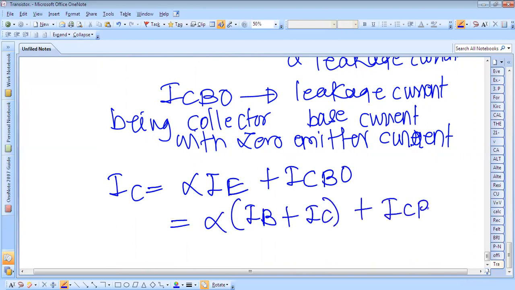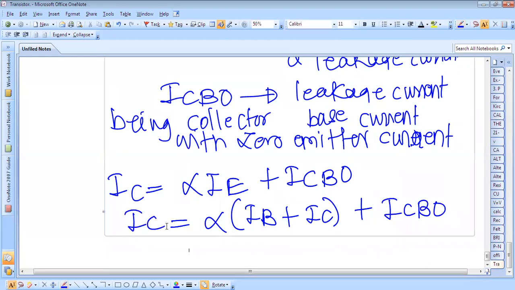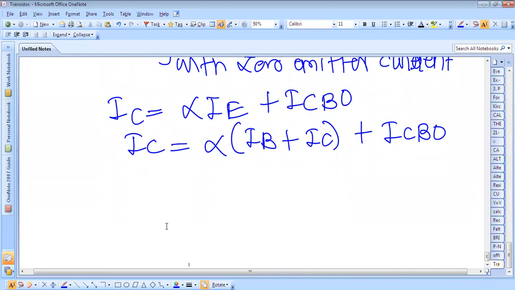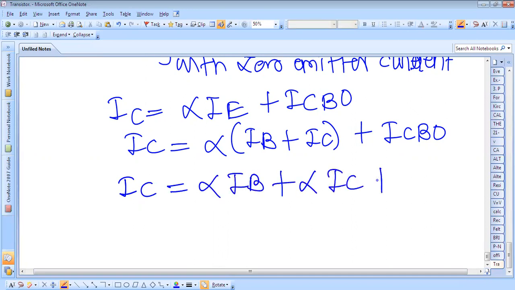So IC is equal to alpha IB plus alpha IC plus ICB0, and we can take IC on this side.